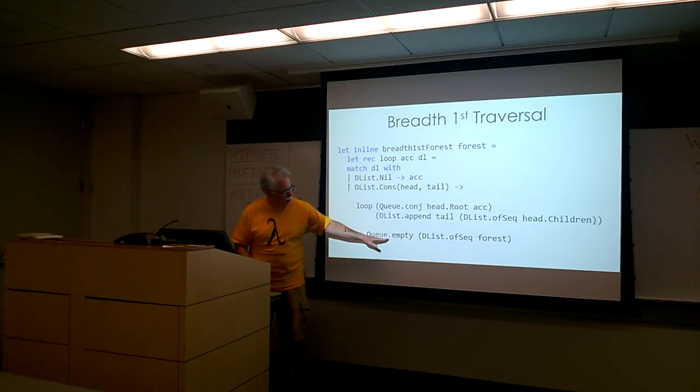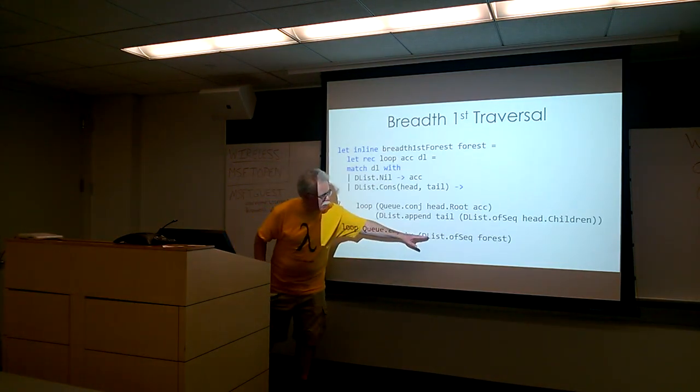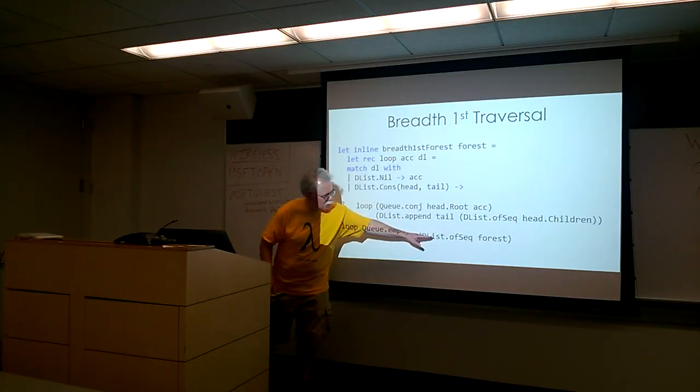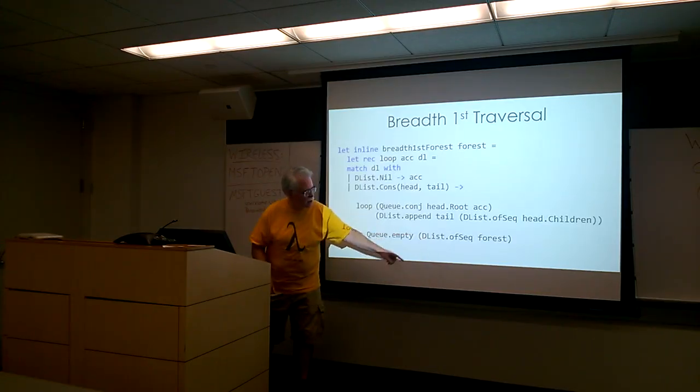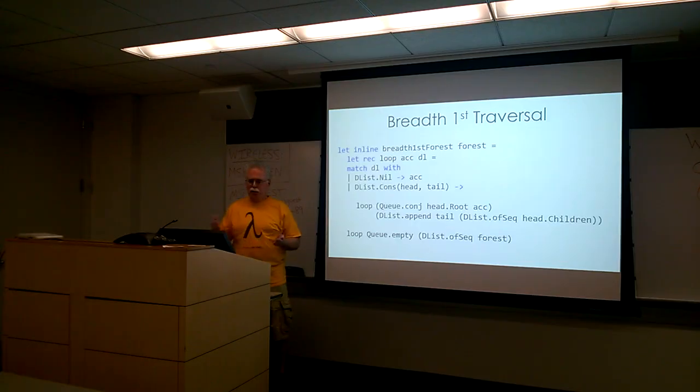We want to initialize our recursive loop with an empty queue, so that's what we start out with. Because everything adheres to the rules of seek, we can just do a simple of seek load into a new DList from the top level segment of our forest, and we're off to the races, so to speak.